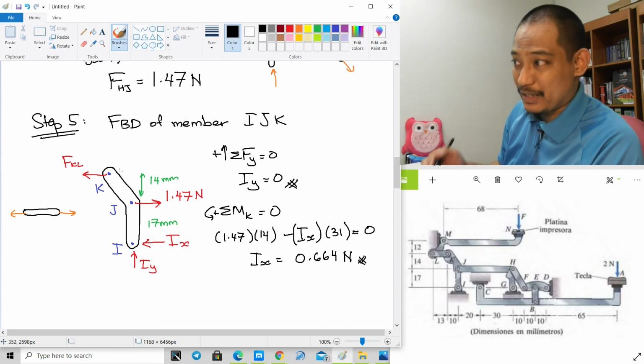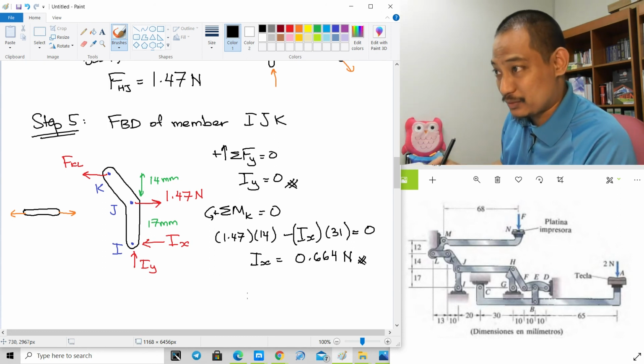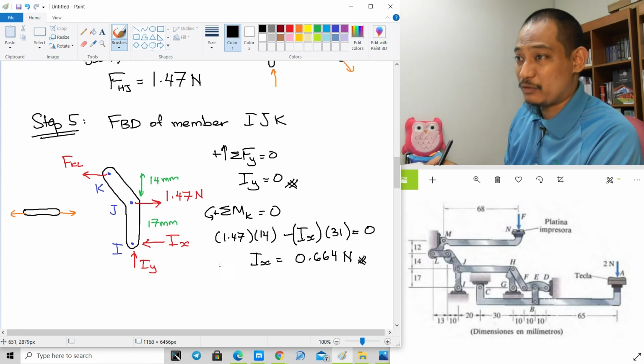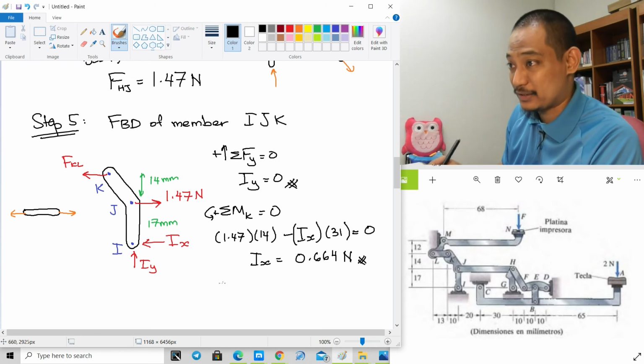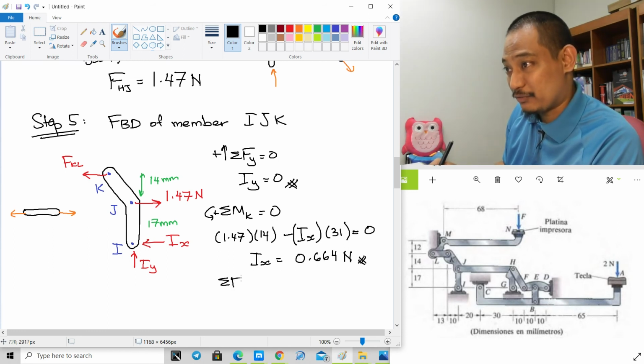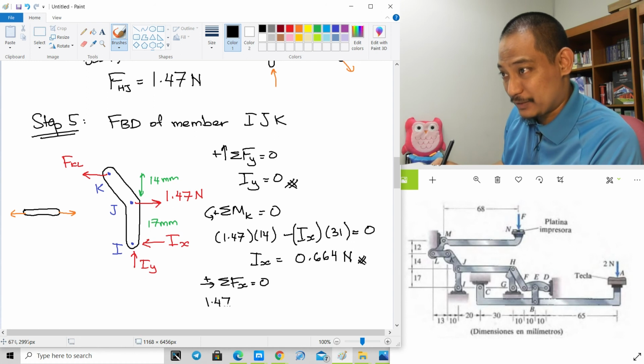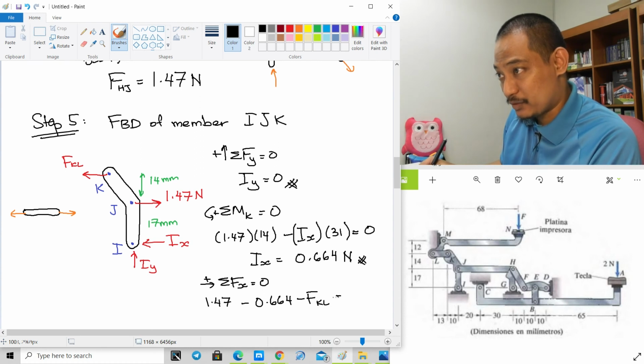Now to find FKL, because we want to move to the next point, you can use summation of Fx, or you can use moment about point I. But here, because I already have Ix, maybe I can try summation of Fx equal to 0, taking to the right as positive. So you'll have 1.47, and then minus Ix, which you already have, 0.664, and then minus FKL equal to 0.